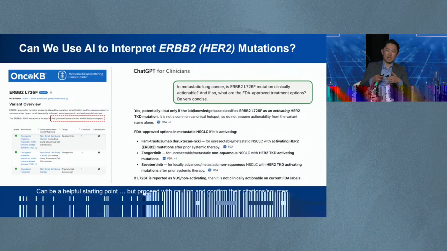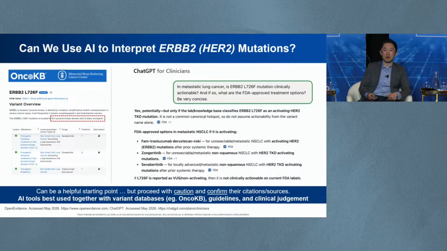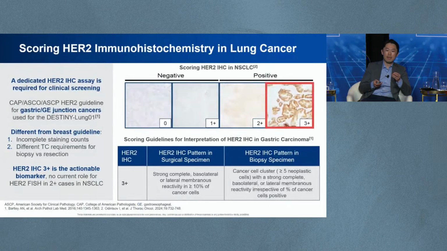And I think these tools are best used in conjunction with a variant database like OncoKB, of course with the NCCN guidelines and other guidelines that have been provided, as well as your best clinical judgment for these mutations.